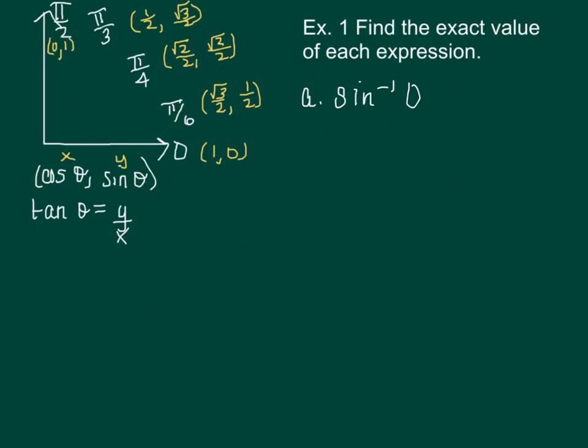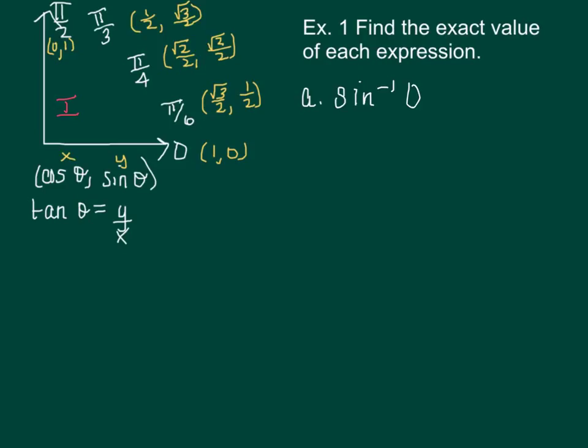So what I did was I drew the unit circle on the side because we're going to need to know the exact values. And I only drew quadrant 1, that's the quadrant that you need to learn, and then remember everything repeats. So for example 1, I wrote find the exact value of each expression.